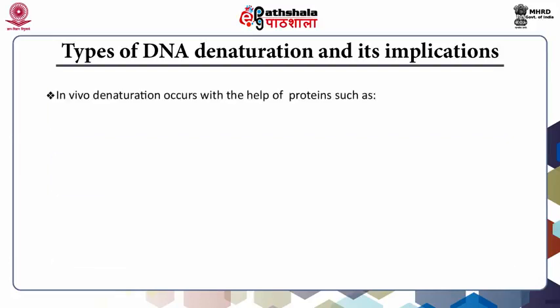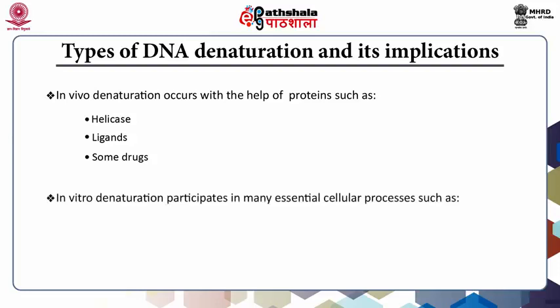In vivo denaturation can occur with the help of certain proteins or ligands in the cells. Helicase is a very common enzyme involved in DNA denaturation during replication. If you recall, there are certain ligands inside the cell which are responsible for DNA denaturation, and some drugs, if given, can also cause DNA denaturation.